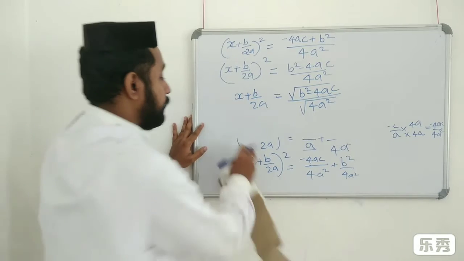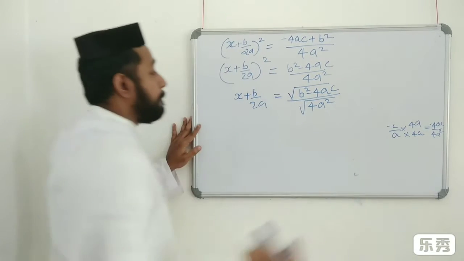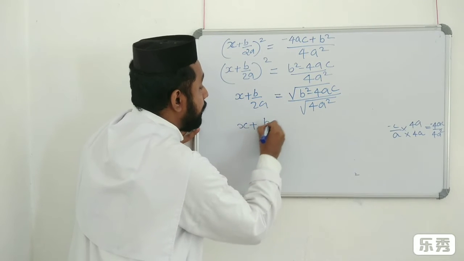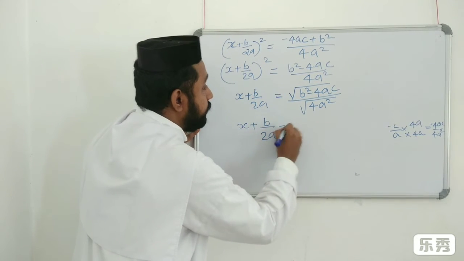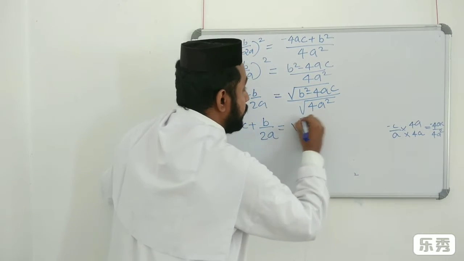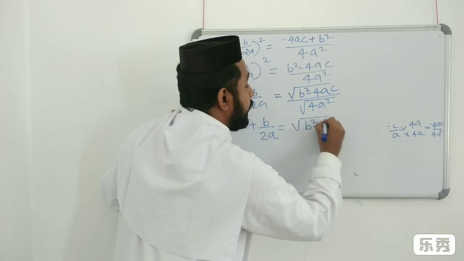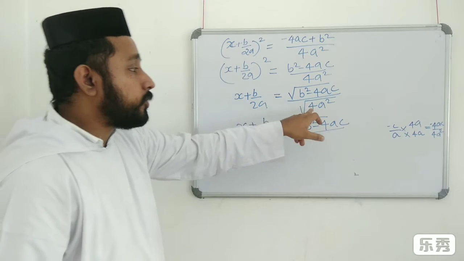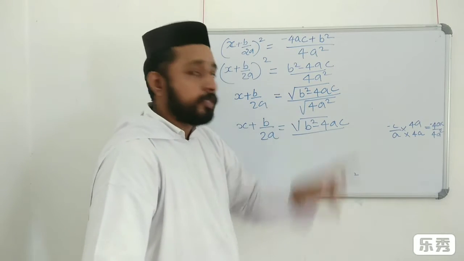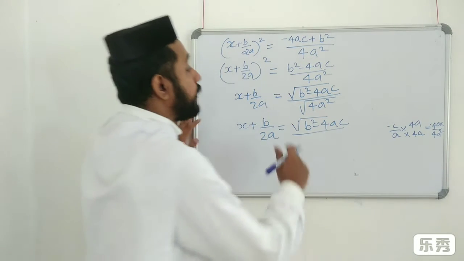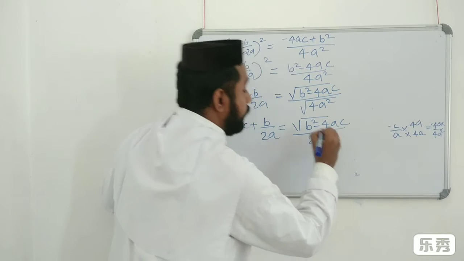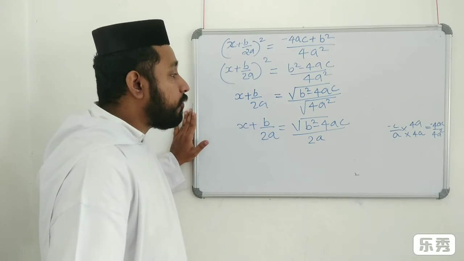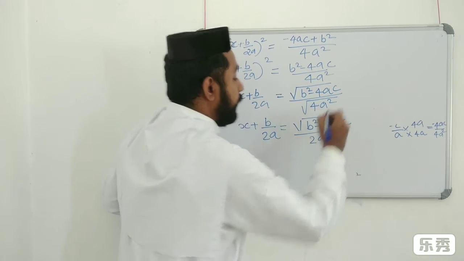So x plus b by 2a is equal to root of b square minus 4ac divided by root of 4a square. The square root of 4 is 2 and the square root of a square is a. So square root of 4a square means 2a. So we got x plus b by 2a is equal to root of b square minus 4ac divided by 2a.